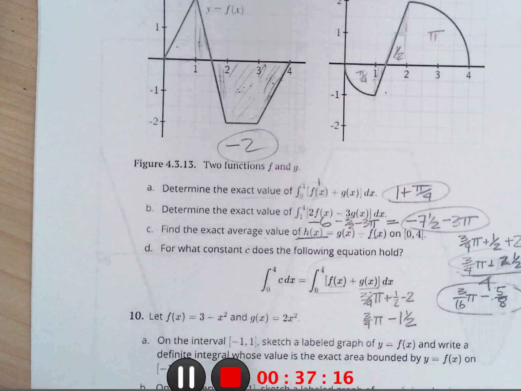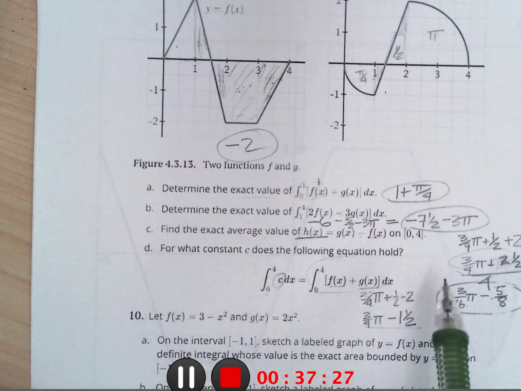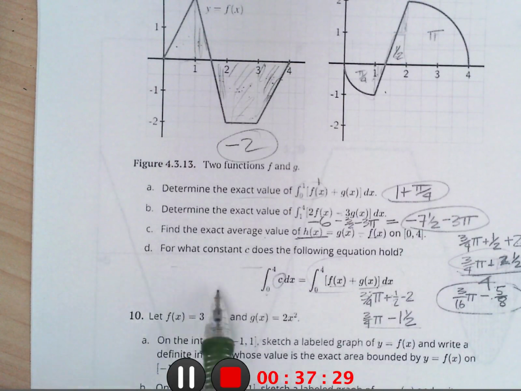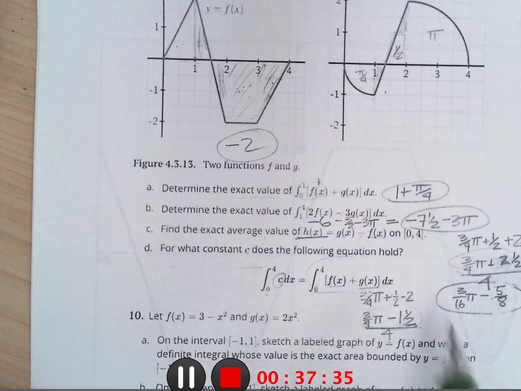So we want to do a curve that's a constant height that has that same area. Well, that would then have to be the average value. The average height of the curve is always the same. So it would be this divided by the width of the interval, 4, and that's the height that it would have to be.